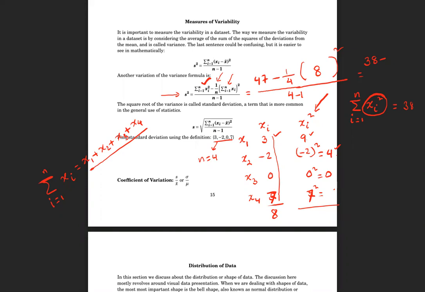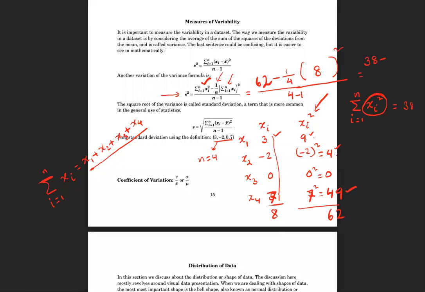7 square is 49, right? Yeah. Okay. 49 plus 9 is 58 plus 4 is 62. I'm having addition problems this morning. This is 62 because 7 square is 49, right?